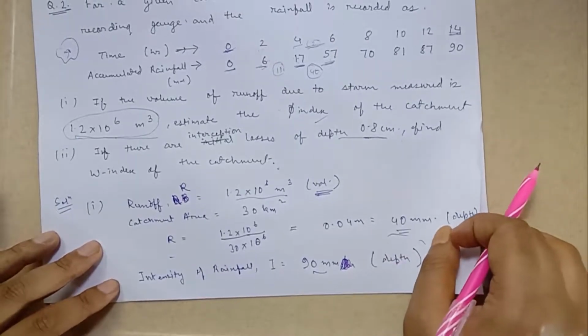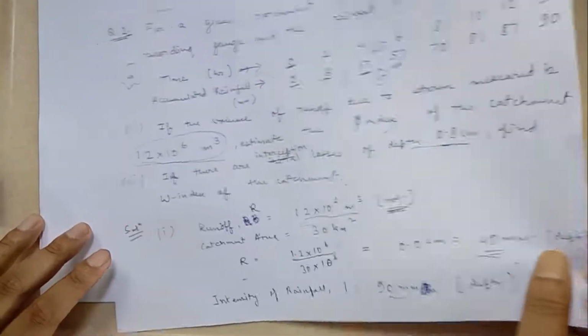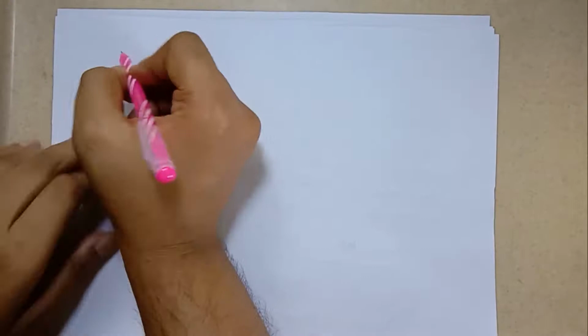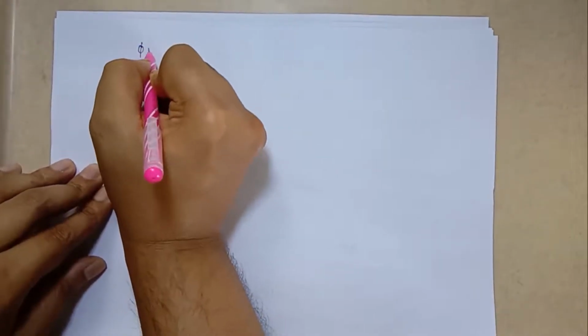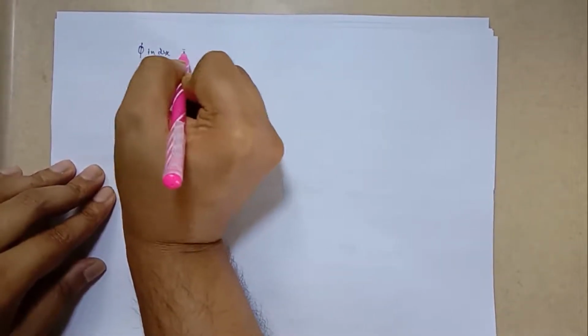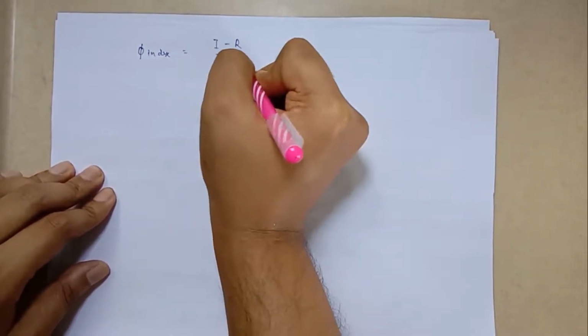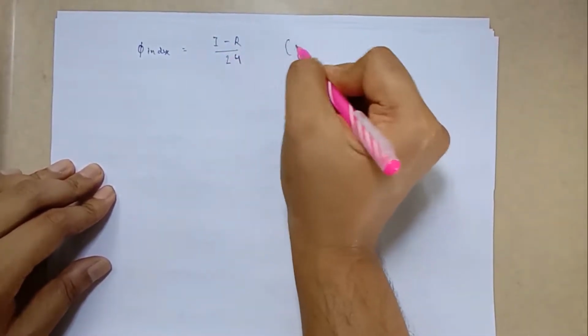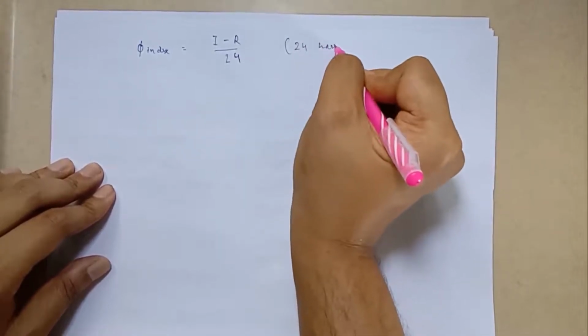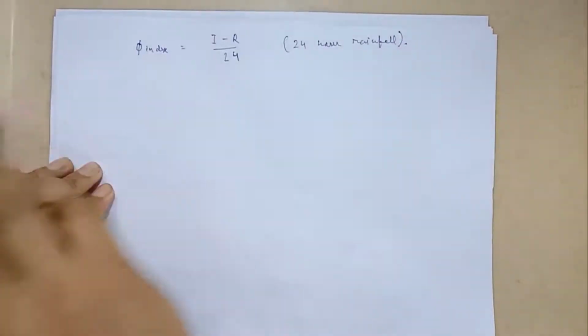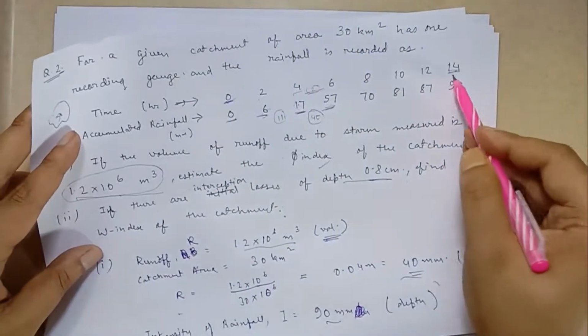So now our phi index, as we know, phi index is equal to I minus R by 24, and it is for a 24-hour rainfall. But here, everything is given in terms of 14 hours.